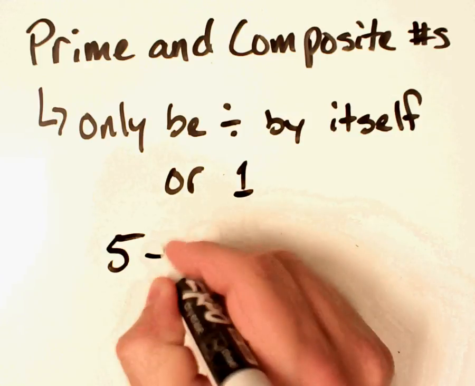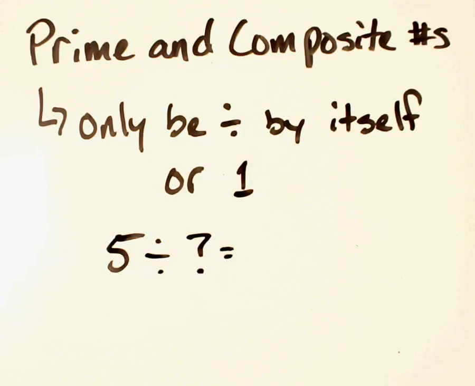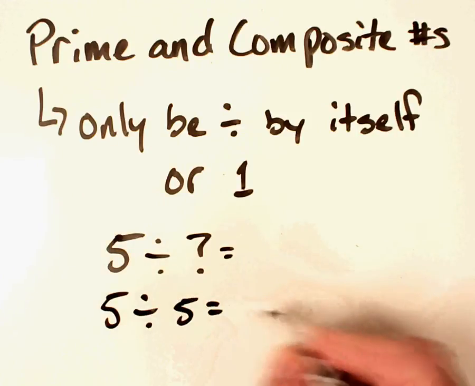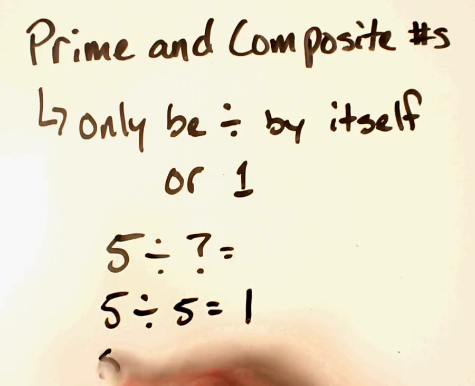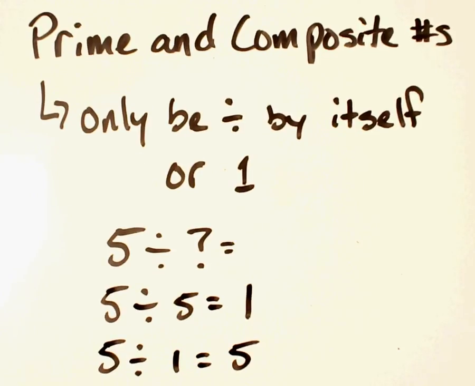I cannot divide 5 by anything else and get a whole number except the number 5 itself or the number 1. So 5 is a prime number because I cannot divide it by anything other than itself or 1 to get a whole number.